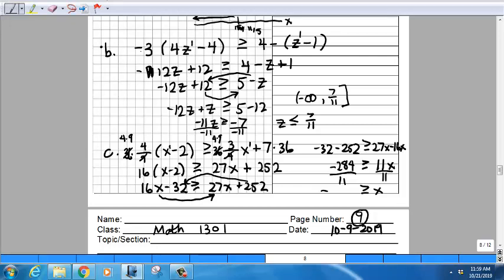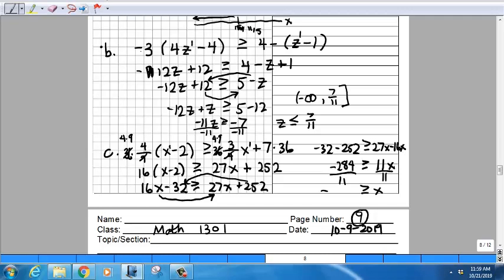I just made that problem up, so I didn't check it beforehand, and I didn't have any idea what the solution was going to be. So kind of an ugly solution there, but there it is, minus 289 over 11. I don't think that reduces at all because 11 is a prime number. So that's it, unless we want to write it as a decimal, but I think we can leave it in this exact form.